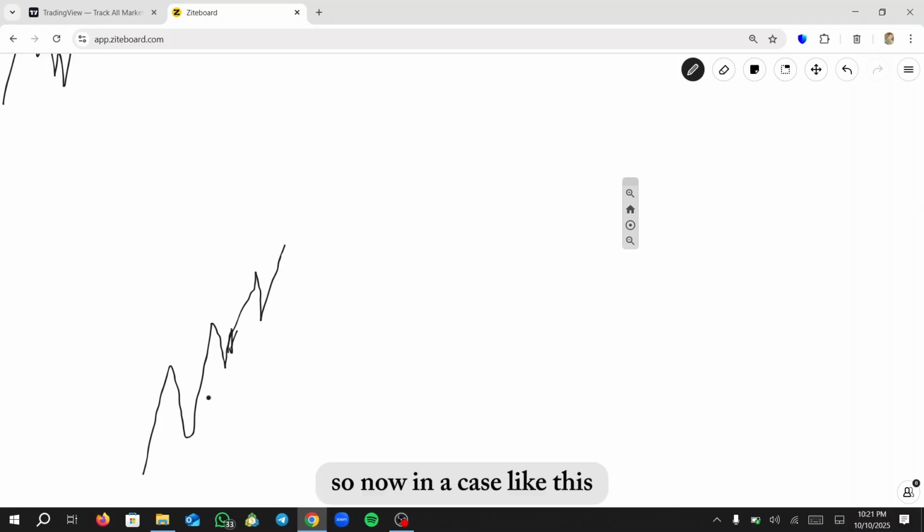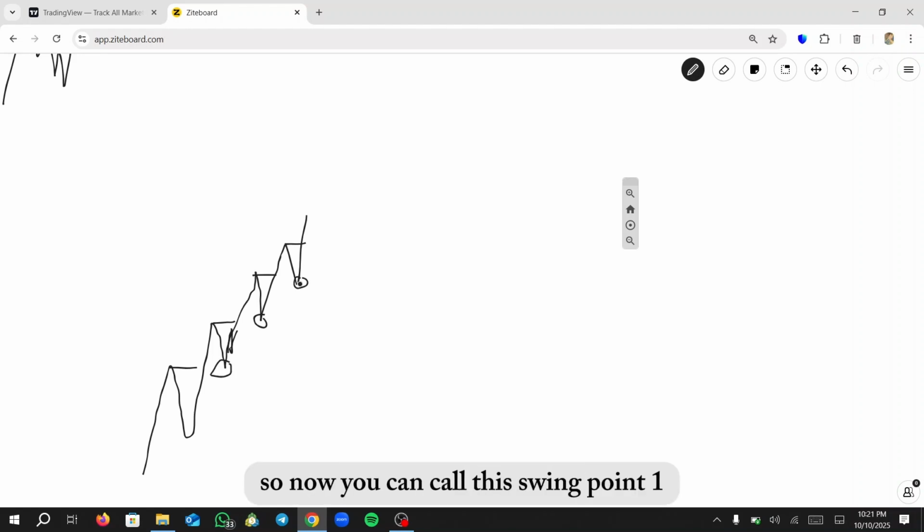In a case like this, we have a break of structure here, here, here, and here. These are swing points. You can call these swing points 1 and this swing point 2.